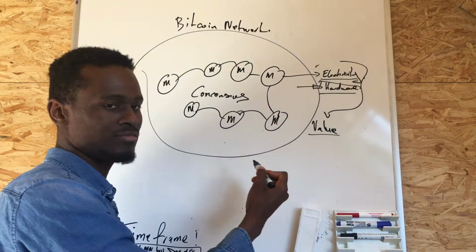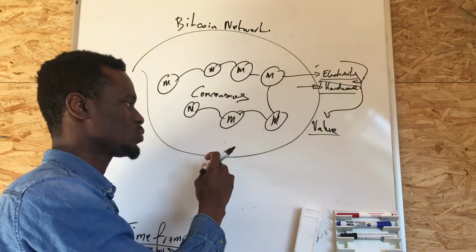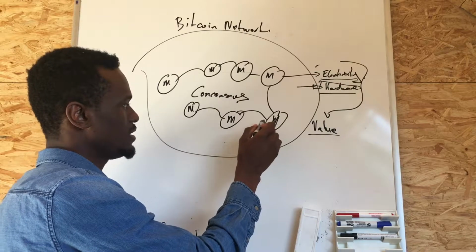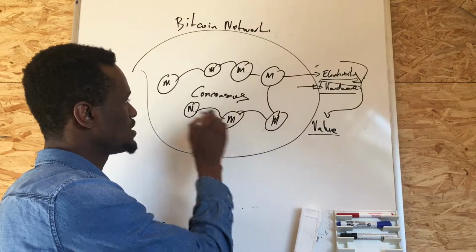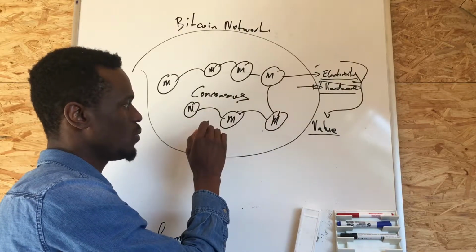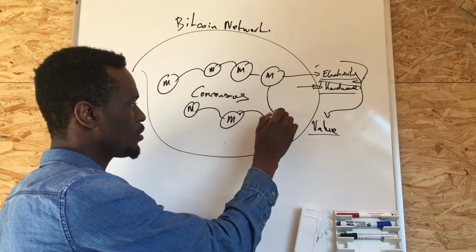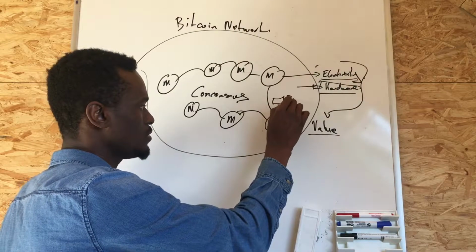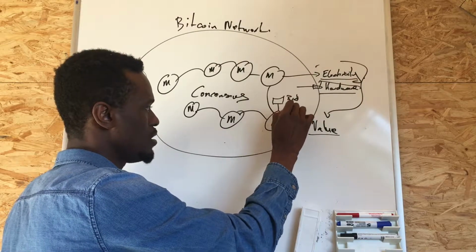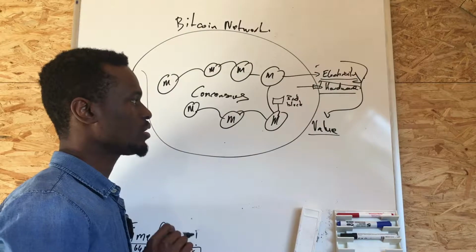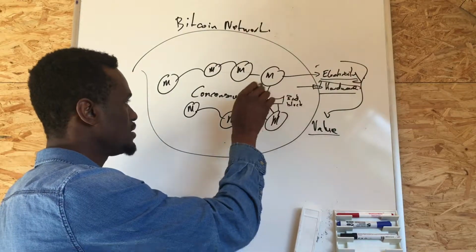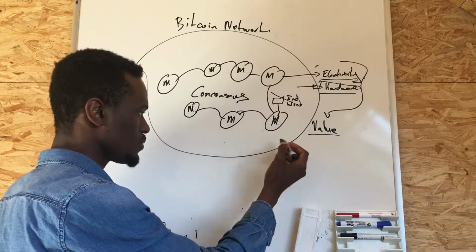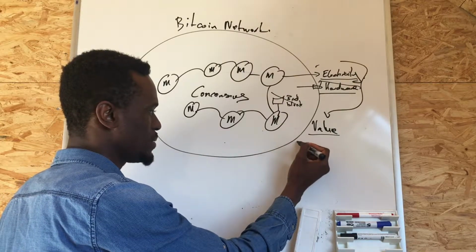So they are incentivized to play nice within the network, because if a miner is trying to disrupt the network, well, the block that this miner is producing, if it's a bad block, the network is going to disregard this block, and they don't get paid.